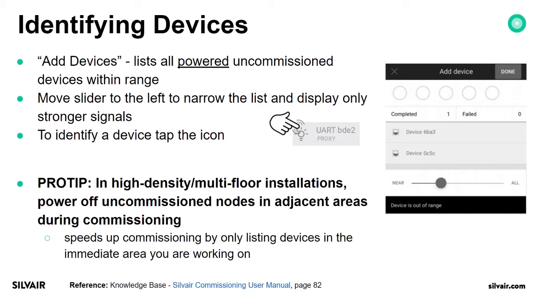In high density multi-floor installations, power off uncommissioned nodes in additional areas during commissioning. This is very important to not commission nodes from the zones that are adjacent to the zone that you are working on.